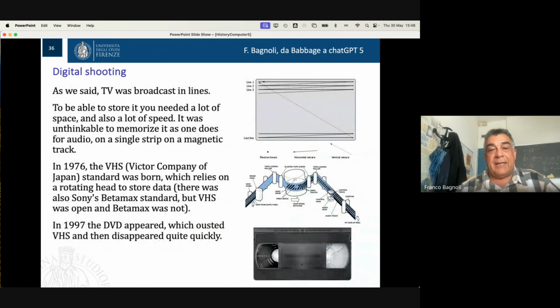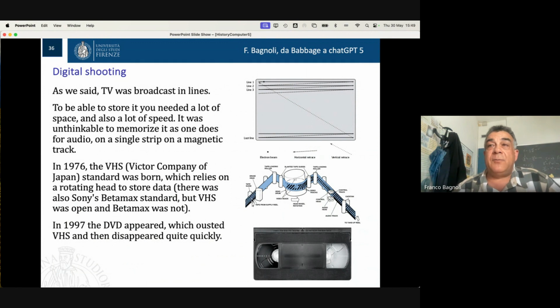And clearly, digital movies are also quite a revolution, because if some of you are sufficiently old, you can remember that the first home videos used magnetic tapes like music.